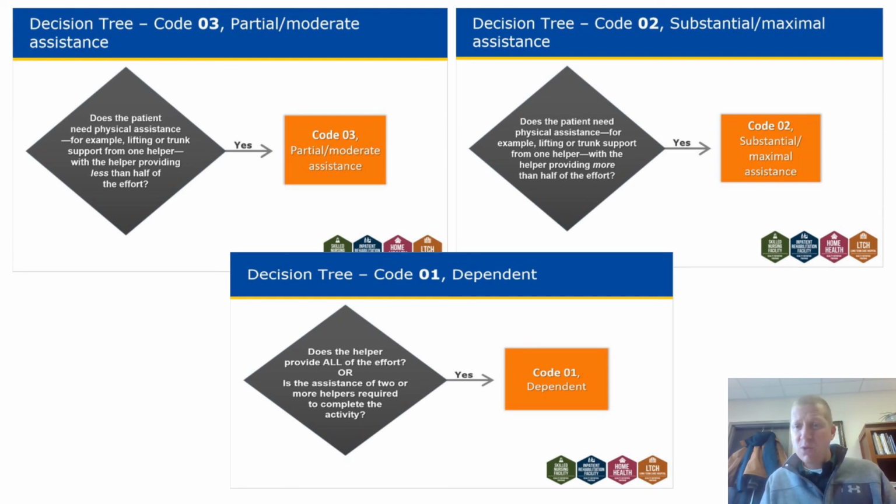If yes, you would score it a 2. If no, you would calculate it as dependent, meaning that the helper provides all of the effort, or the assistance of 2 people is needed in order to complete the activity. Okay, and so this is called your decision tree. When you're looking at each task, you have to ask yourself each of these questions to determine what is the appropriate code and level of assistance your patient needs.